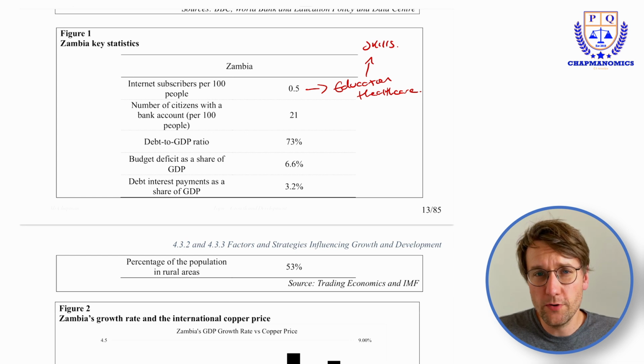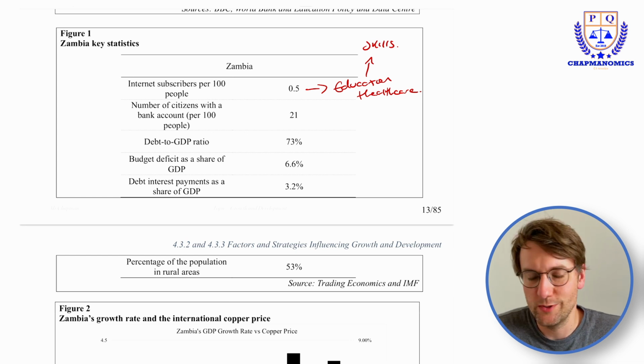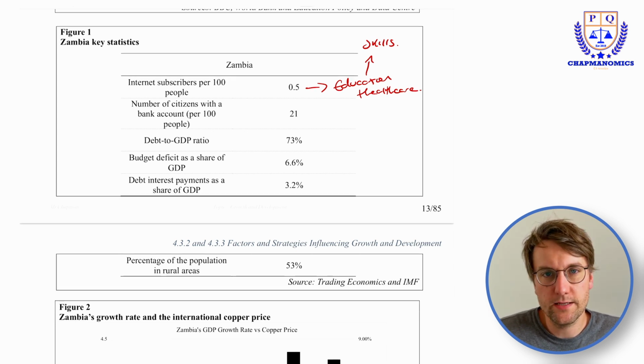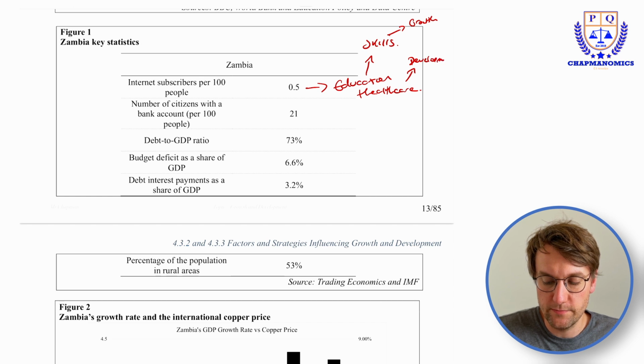You know, if you have a problem with your health, you generally go straight to Google and start looking up whatever the problem might be. If you are looking to learn something, then usually you go and Google it. But if you don't have access to the internet, you're not going to be able to do that. So therefore, there's going to be an issue with skills in the economy that might link to growth, and issues with healthcare in the economy might link particularly to development.